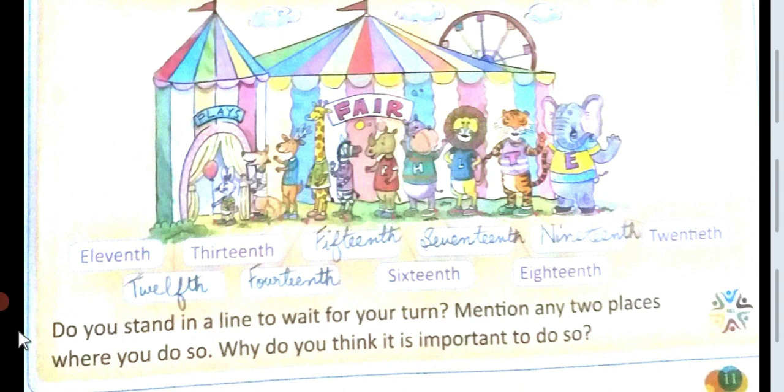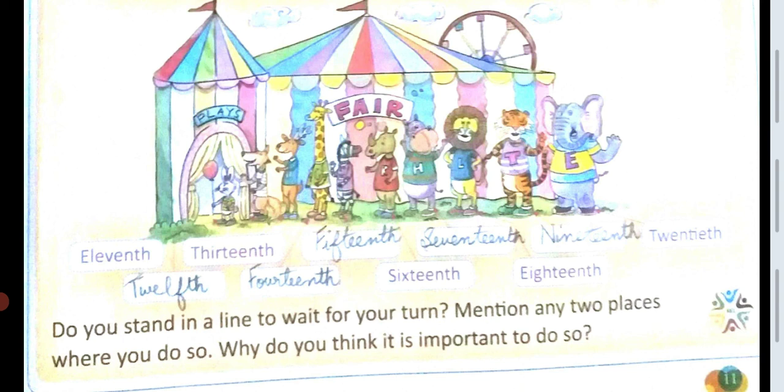Do you stand in a line to wait for your turn? Mention any 2 places where you do so. Why do you think it is important to do so? You write the answer on your own, what are the 2 places where you stand in the queue and wait for your turn to get inside. For example, you go to a mall to watch a cinema, so you have to stand in the queue to wait for your turn to take the tickets.